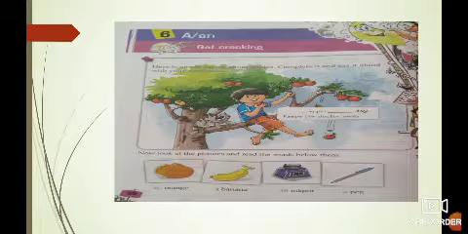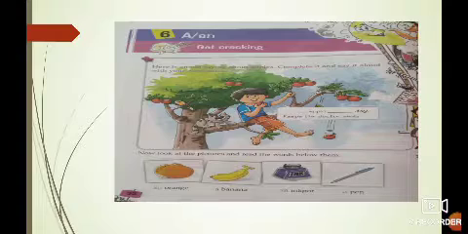Now let's see one by one. First we'll see A. A is used before consonants. Whatever consonant letters are there or whatever consonant words are there, before that we use A. Like a banana.